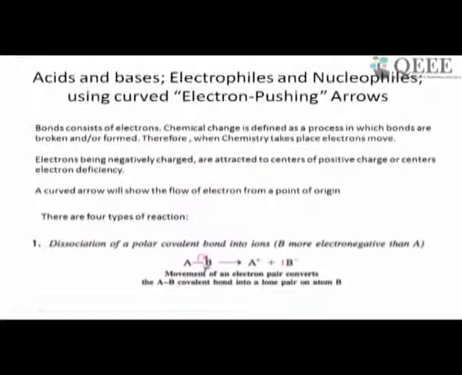So here you have A and B. Since B is more electronegative than A, when they break, B takes away both the shared electrons towards itself and forms a negatively charged species, and A remains as a positively charged species. This is a kind of ionization reaction. We can also call it a dissociation reaction. This is a type of reaction that you will see in many organic reactions.